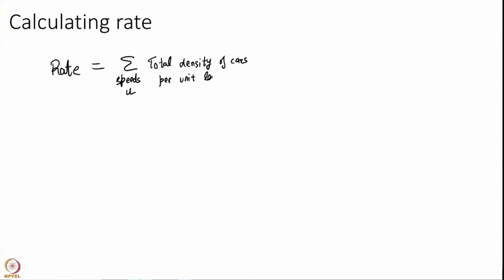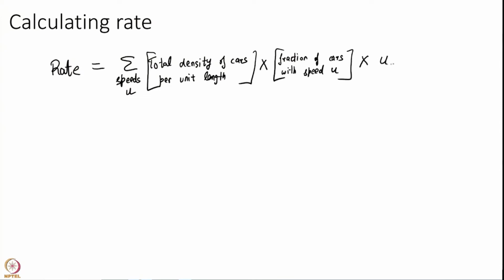So, we want to generalize this a little bit. The total rate, if I have in general some number of cars with some number of speeds, will be equal to the sum over all speeds at which the cars are moving, of the total density of cars per unit length times the fraction of cars with speed u, times u.